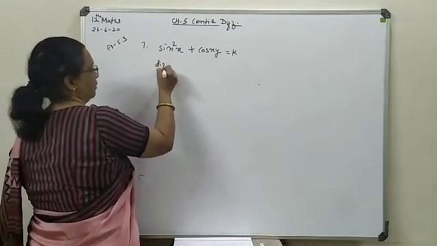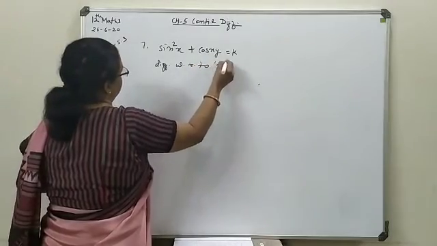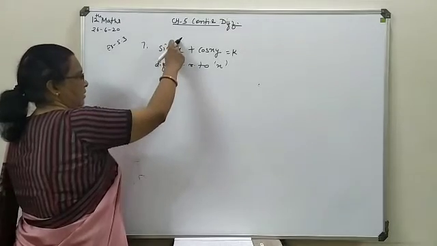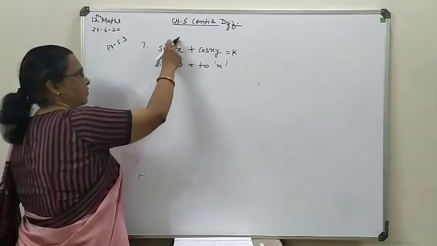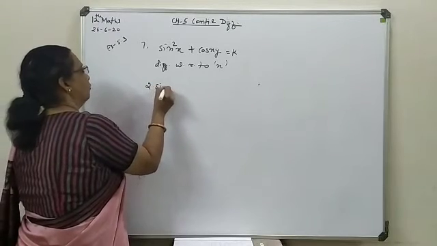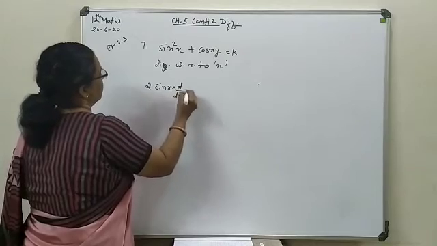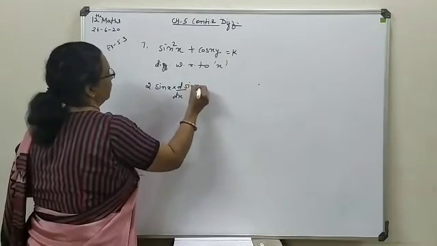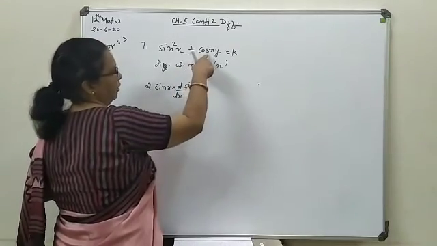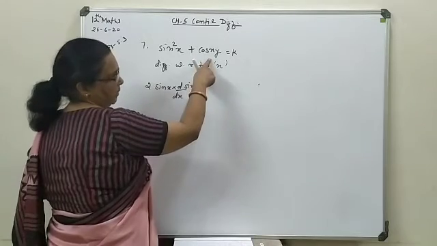So differentiation with respect to x. First of all, this sin square x you will treat as x power n. So it will be 2 sin x, then you will write the derivative of sin x as a multiple. Next to that, for differentiation of cos xy, you will treat xy as a single term or as theta.